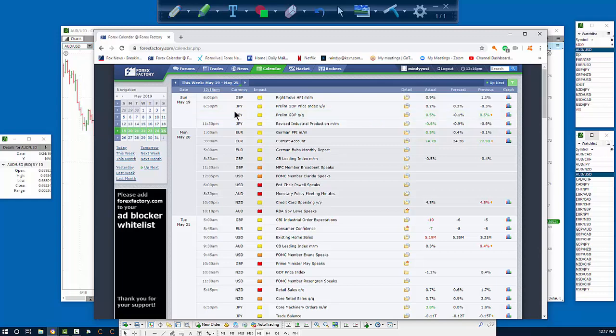So this would have been an event that at 6:50 last Sunday might have moved the market in favor of the Japanese yen, maybe 20, 25 pips. So that's kind of what happens.